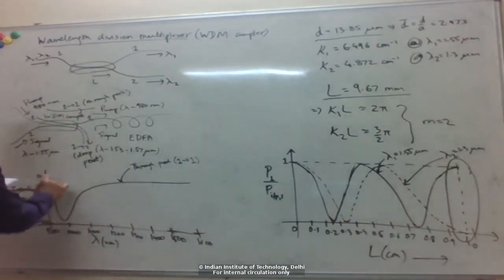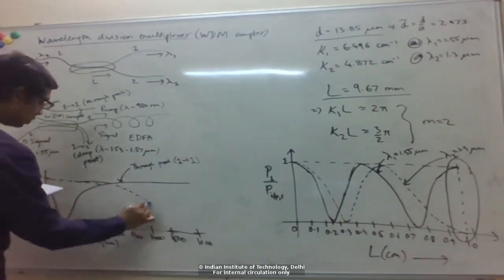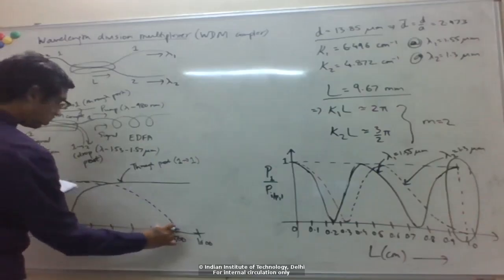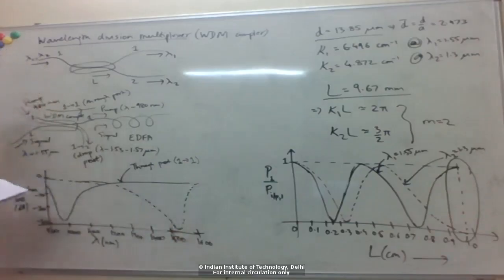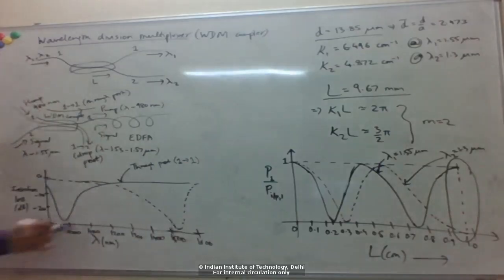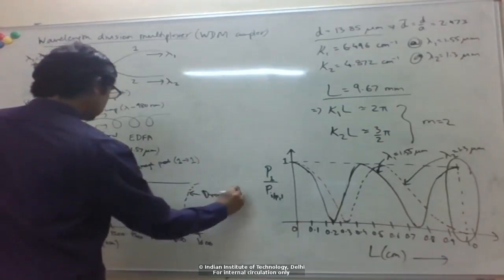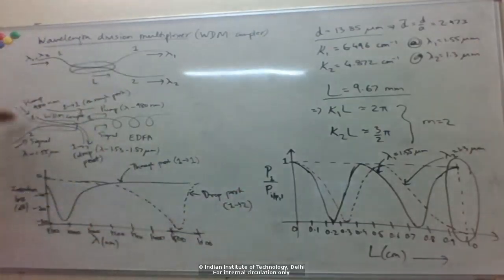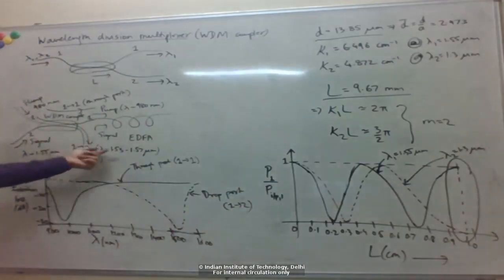And if I plot the other drop port, so that the 1 to 2 path, that has a minimum loss around these wavelengths.